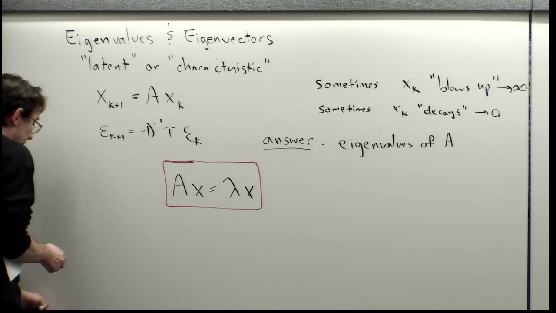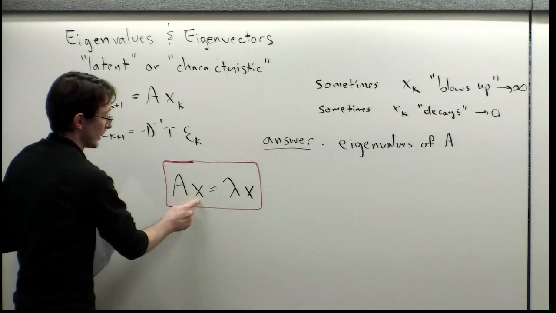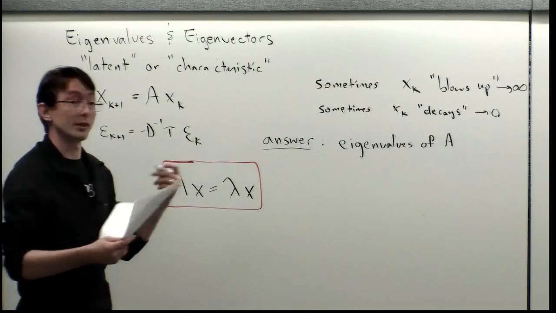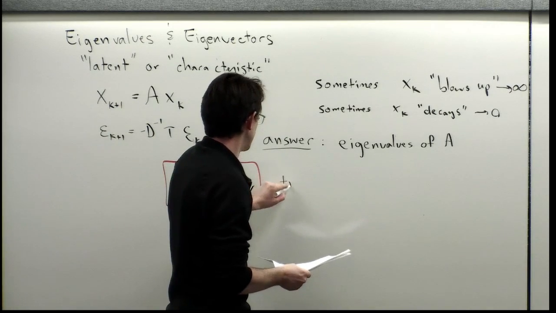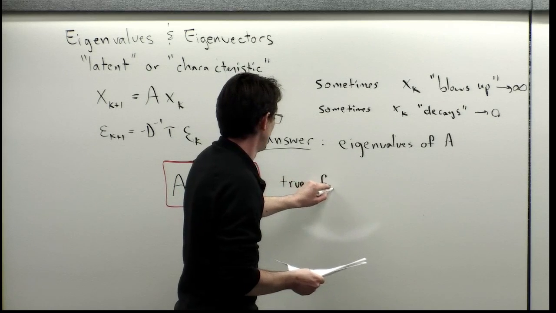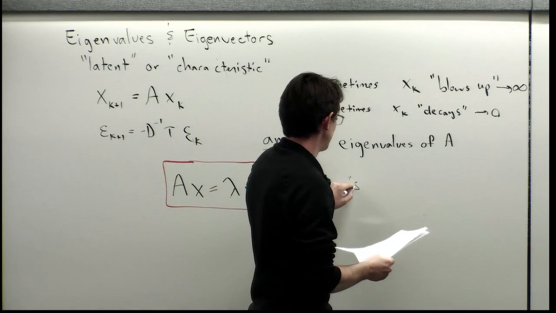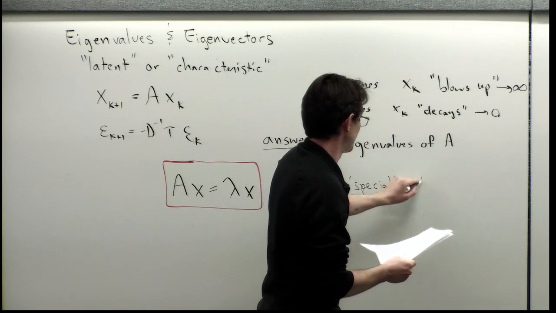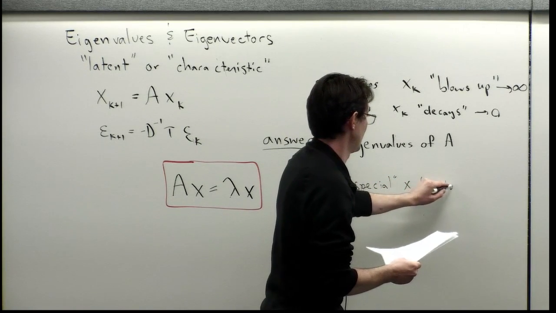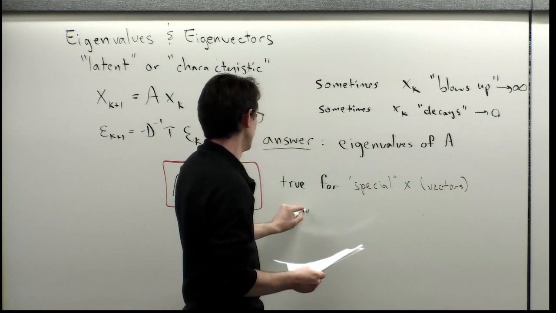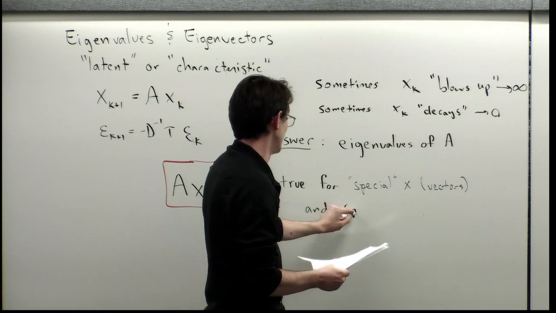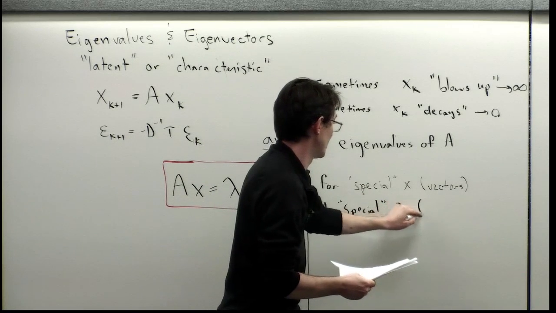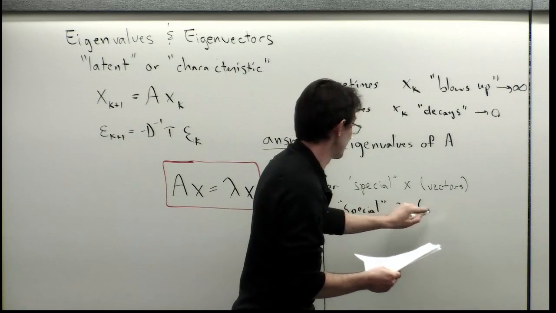This is not true for all vectors x and all numbers lambda. This is true for what I'm going to call special x, which are vectors, and special lambda, which are numbers.